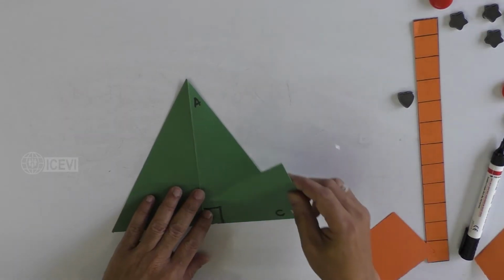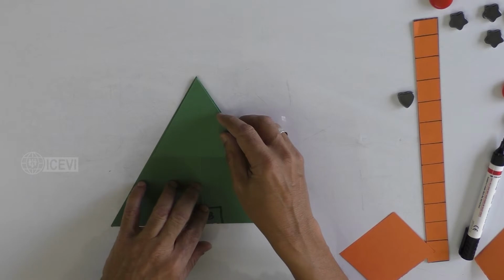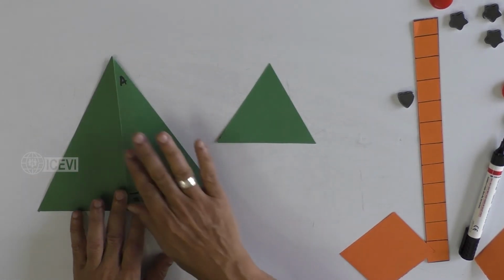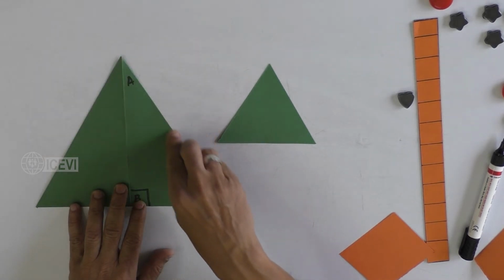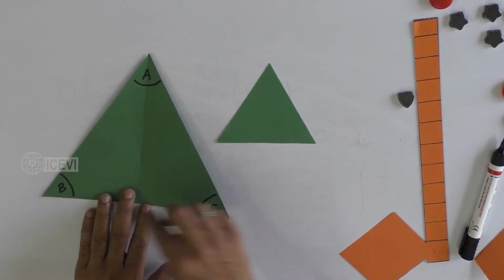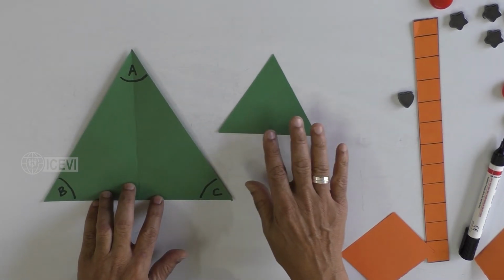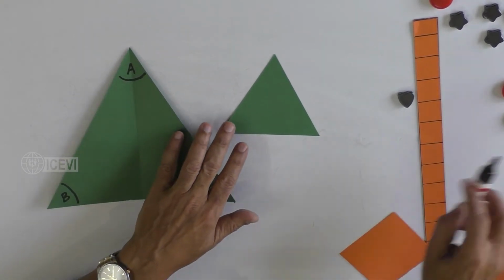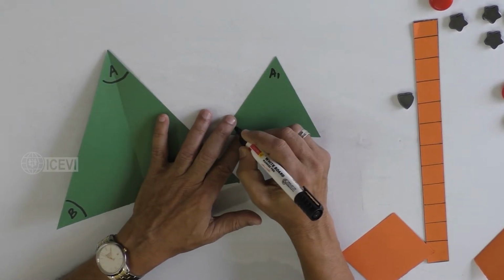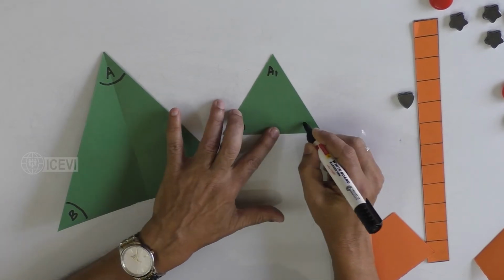Now let us take this small triangle. We notice that this small triangle is similar to the equilateral triangle that we have. Let us take the ABC equilateral triangle. Now we have a small triangle. Let us call that A1, B1, C1.